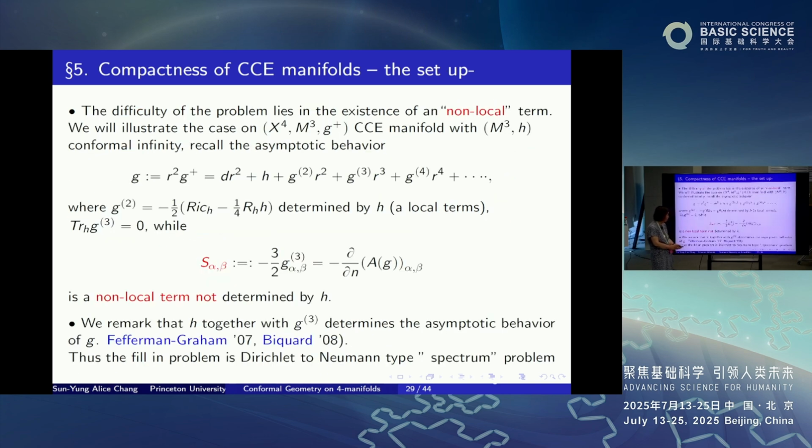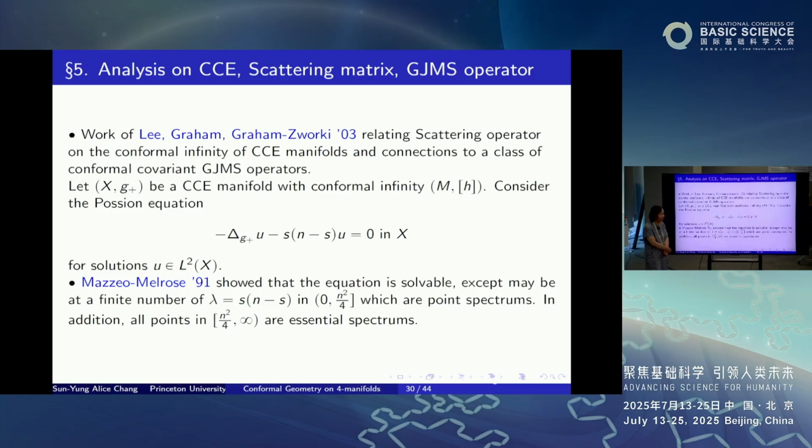And the way we approach now is through scattering data. So let me mention what the scattering means. Given h, we construct the extension. This construction is by solving this PDE, where s(n minus s) is the eigenvalue lambda.